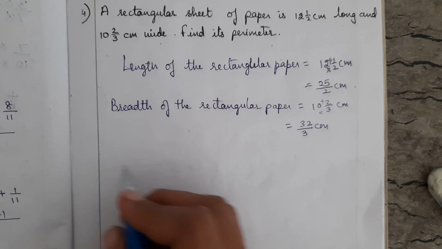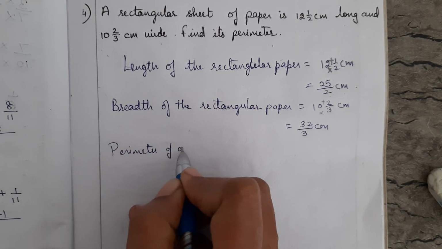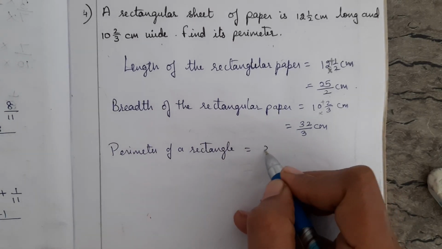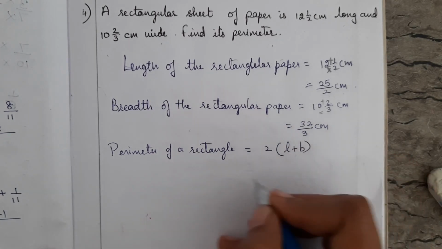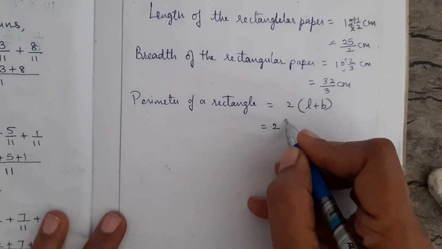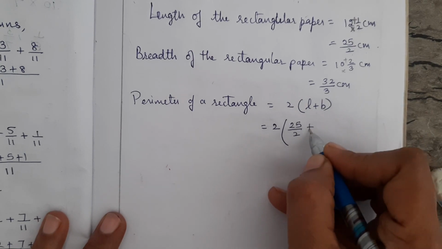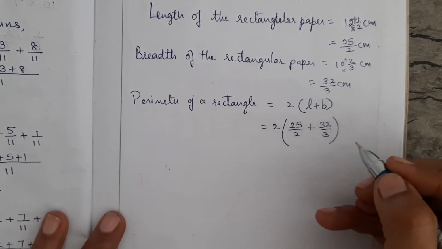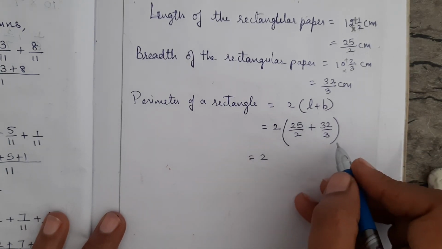Now the perimeter. What is the perimeter of a rectangle? It is equal to 2 into (L plus B). This is the formula which we need to remember. That is 2 into, what is L? 25 by 2, plus B. What is B? 32 by 3. Let's find the LCM for this.